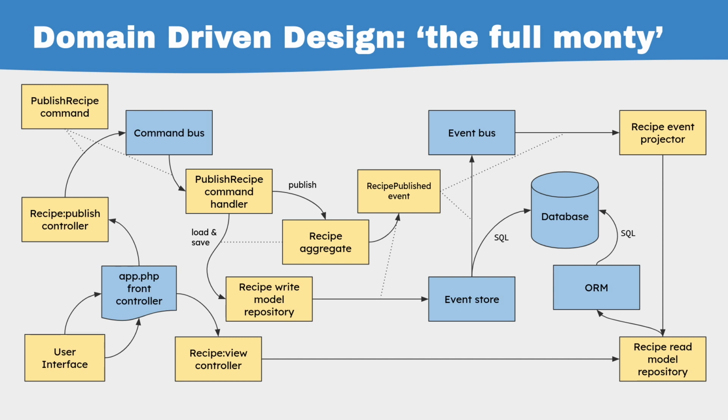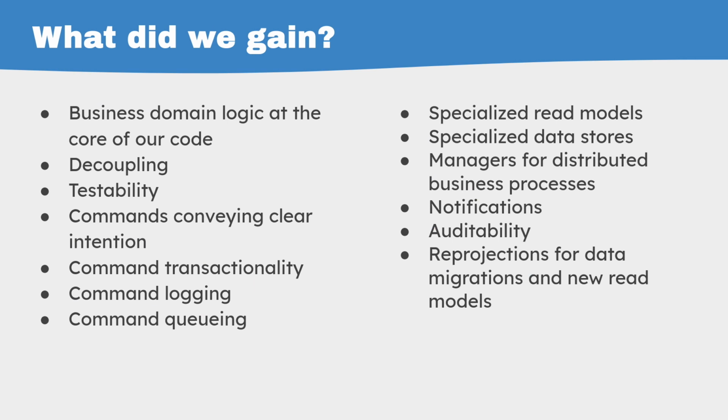So there's a lot more moving parts than we would have with CRUD. But we also gained a lot from all these steps that we took, right? Our business domain logic is now at the core of our code. We have decoupled stuff. We have added testability using unit tests. We have commands that convey clear intention and that we can decorate using a command bus to add stuff like transactionality, logging, queuing.